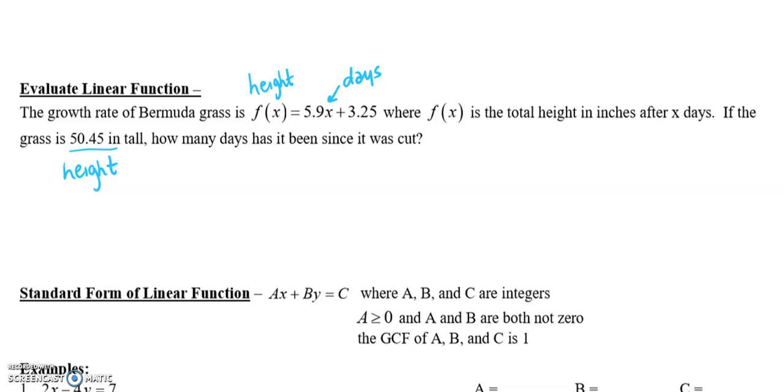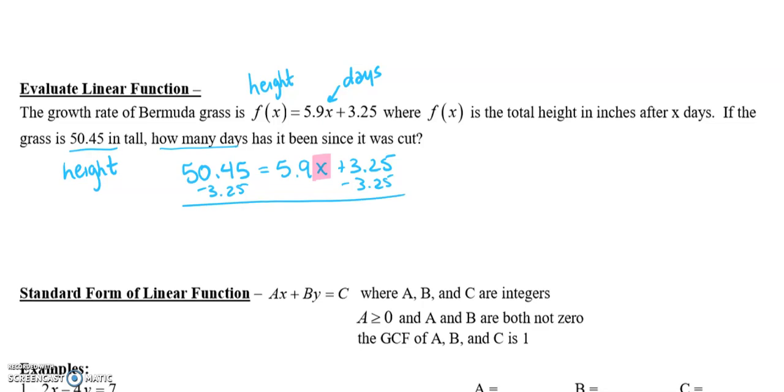So here we'll have 50.45 equals 5.9x plus 3.25. We're looking for how many days, so we're looking for the x value. So I'm going to grab my calculator here. And what are we going to do first? We're going to subtract 3.25 from both sides.